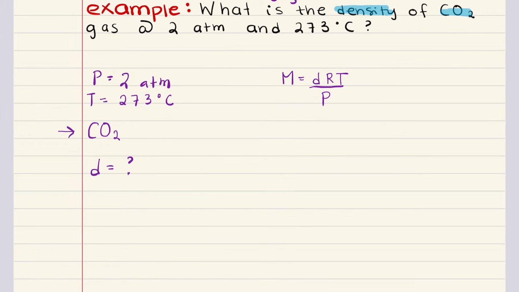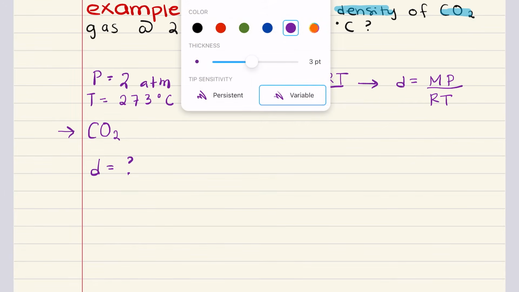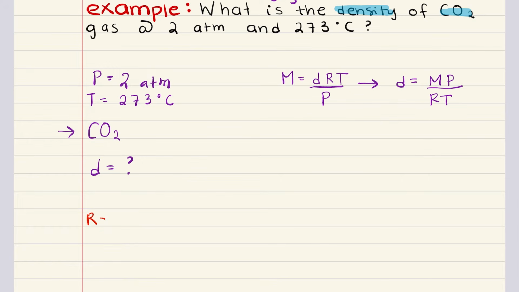Now, we can rearrange this expression so that we have density on one side and all our other variables over to the other side. We get that density is equal to molar mass times pressure over RT. Now again, our gas constant R is equal to 0.0821 liters times atmosphere over moles times Kelvin.